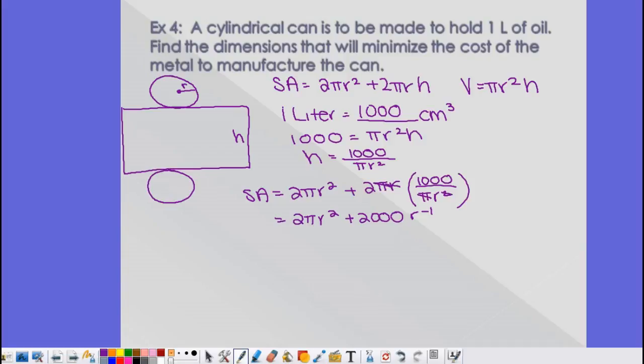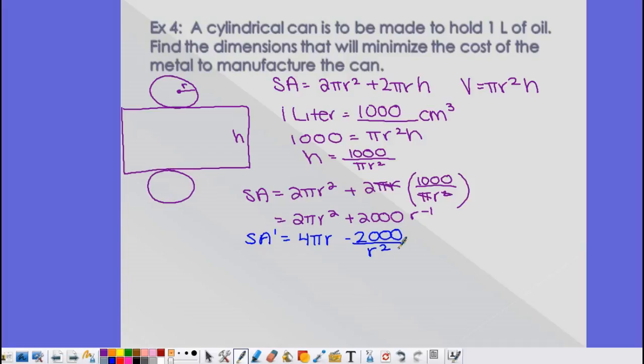All right, so we left off by talking about surface area and its formula. What we want to do now is differentiate the surface area. So the derivative of 2 pi r squared is 4 pi r, and the derivative of 2,000 r to the negative 1 is negative 2,000 over r squared, or r to the negative 2.